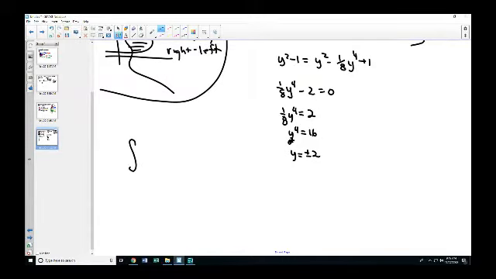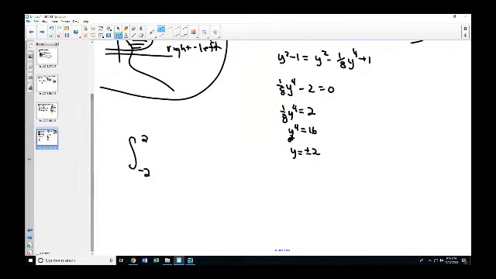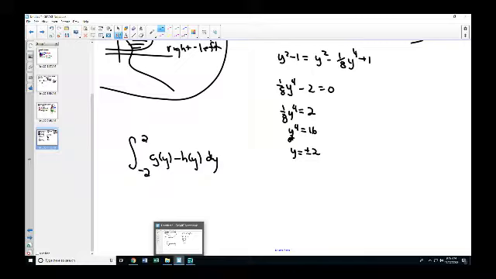So what is our integral? From negative 2 to 2. And we want g minus h, in terms of y. Can you put that in your calculator? Yep. How?